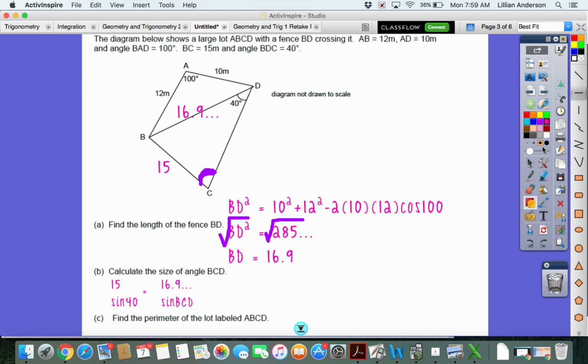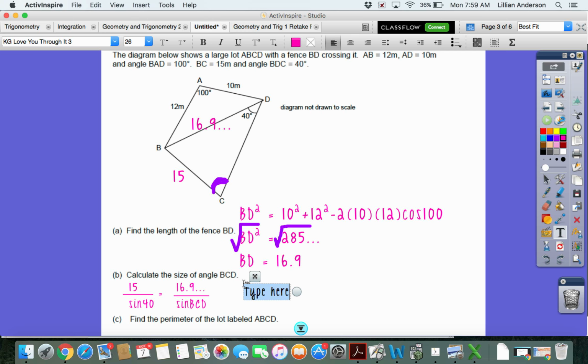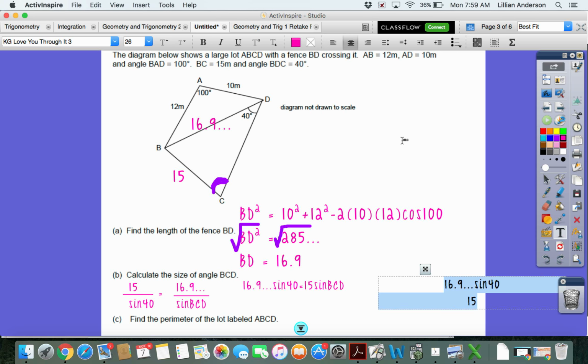Now, because we are looking for an angle, we are going to end up taking the inverse of sine to find our answer. So it's going to be 16.9 and the change times sine 40 equals 15 sine BCD. In order to find this, we're going to take 16.9 and the change times the sine of 40, divide it by 15, and then do the inverse of all this.